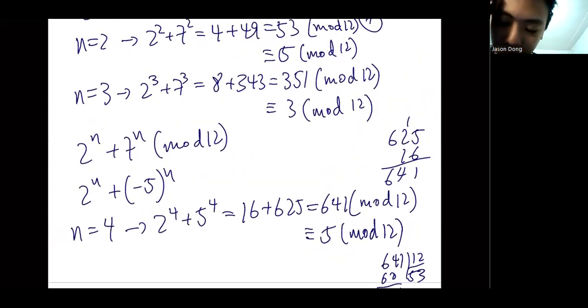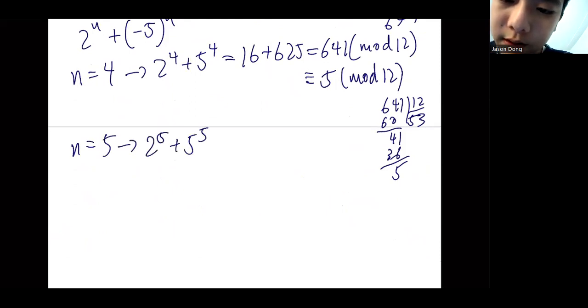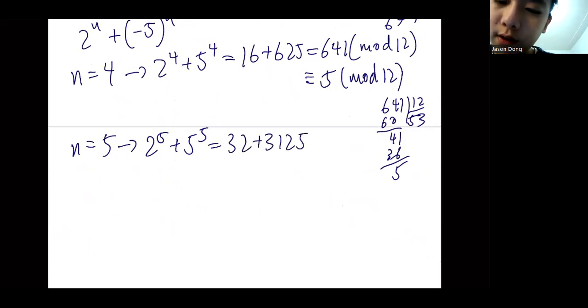What if n equals 5? If it's 3, so we got a pattern. Or if it's something else, we haven't got it yet. So let's try n equals 5. So that will be 2 to the 5 plus 5 to the 5. That's equal to 32 plus 3,125.